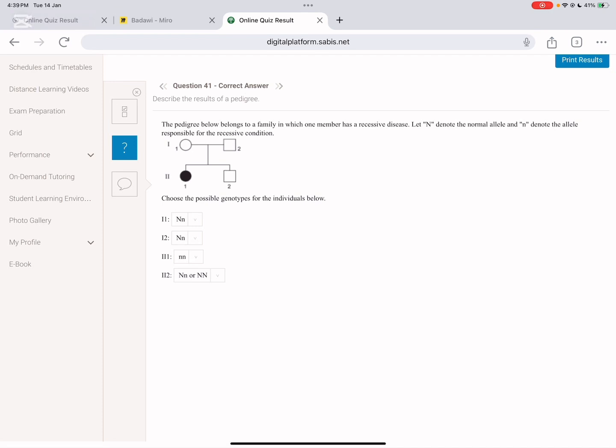Now, for their offspring, individual 1, since it has the disease, of course it needs both recessive alleles. That's why it's small letter n, small letter n. Now, for individual 2, we cannot tell. It can either be homozygous dominant or heterozygous dominant.